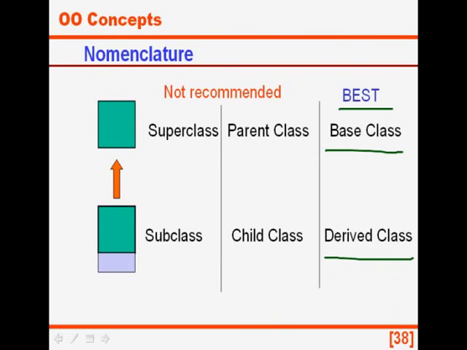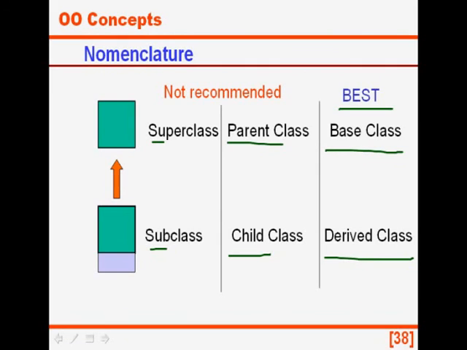The other two nomenclatures which I do not recommend are the pairs of words superclass and subclass. Somehow we get the idea that the superclass is bigger and the subclass is smaller. And similarly, when we use the words parent class and child class, we get the idea of a big parent and a small child.